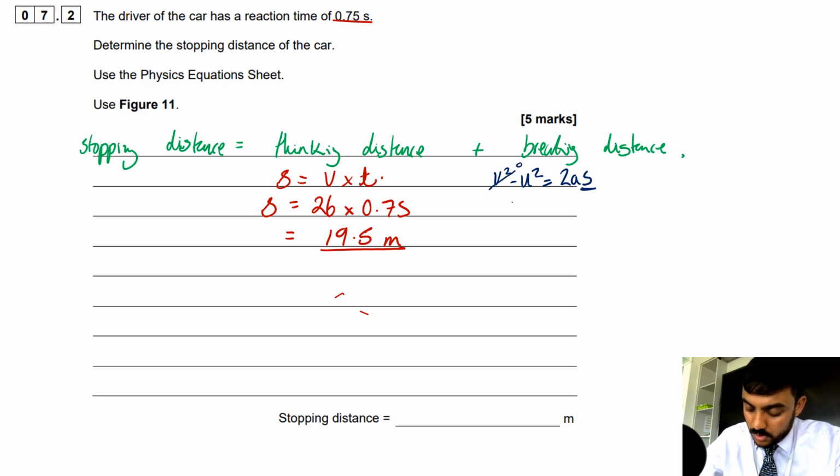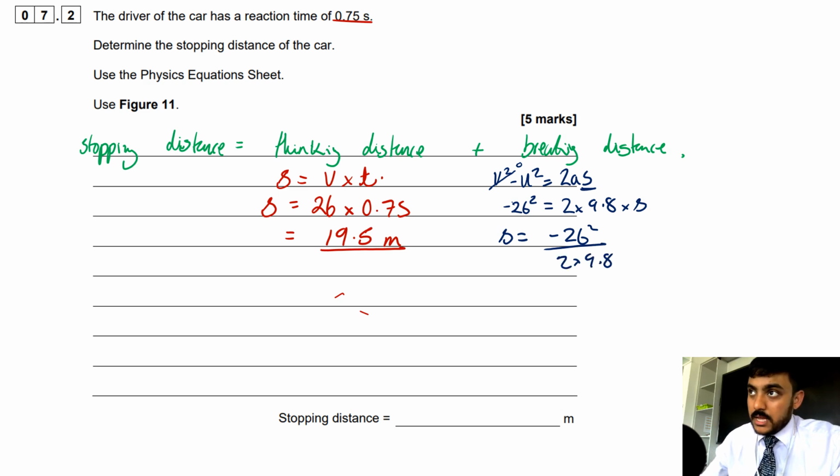So this becomes negative 26 squared equal to 2 times 9.8 times s, and s is equal to negative 26 squared divided by 2 times 9.8. Now it's going to give me a negative value, but that doesn't mean it's a negative distance.